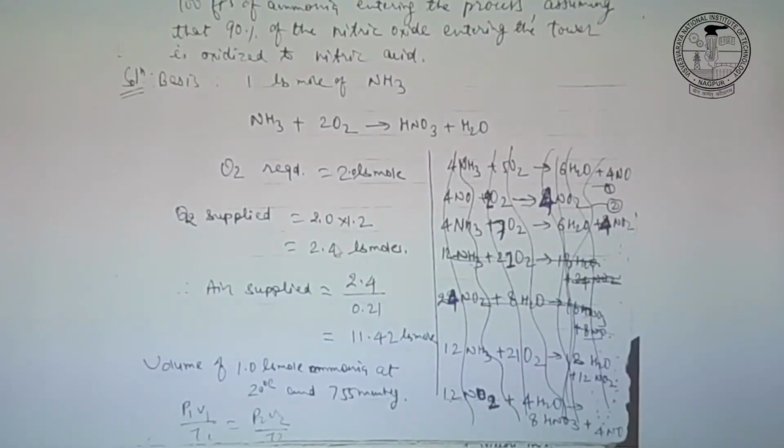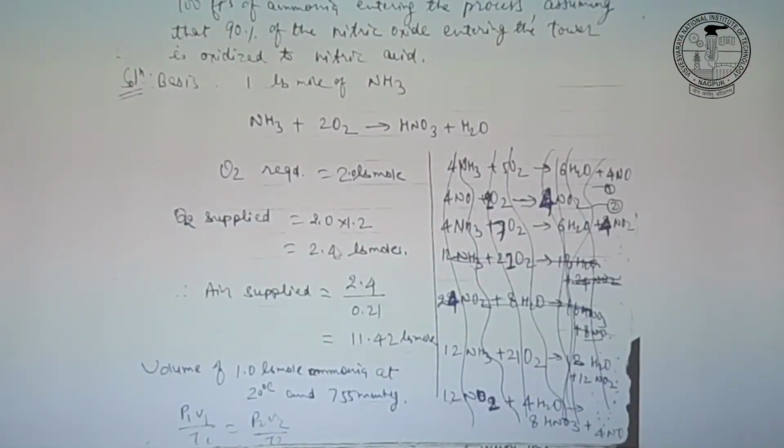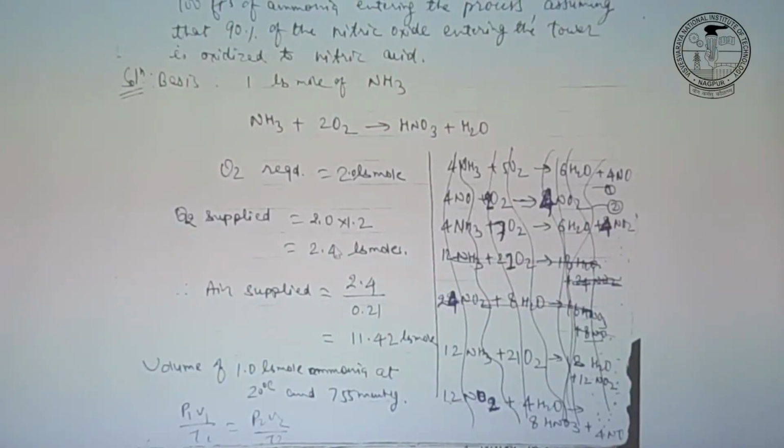Here we can take the basis as 1 lb mole of ammonia, right? However, in most calculations they ask us to find certain things if there are 100 cubic feet of ammonia entering the process. But rather than taking the volumetric basis, it is always good to use the lb mole or gram mole as basis, right?